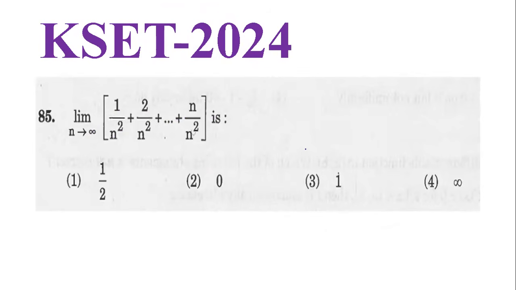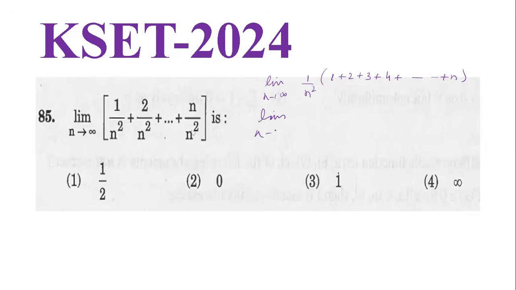Here, take 1 by n square common, this becomes 1 plus 2 plus 3 plus 4 plus and so on plus n. We know this is summation of n.